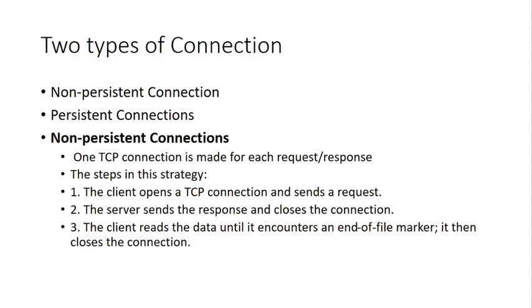The Hypertext Transfer Protocol prior to the version 1.1 had specified the non-persistent type connection, while the persistent type connection is now the default version, but however it can be changed by the user.